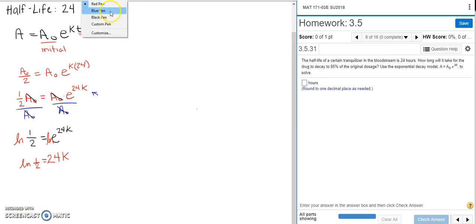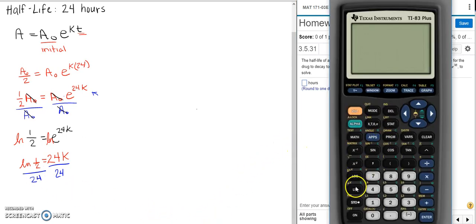Okay, and then I divide by 24 to solve for k. Let me pull up my calculator. Natural log of 1/2 divided by 24 means k equals negative 0.02888.